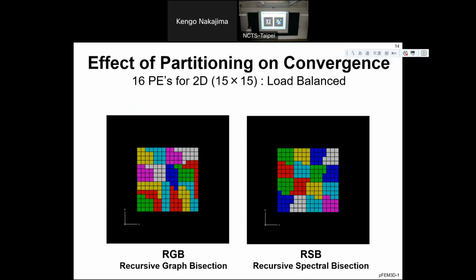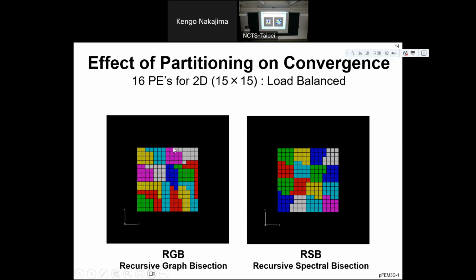Okay, so let's think about two types of domain partitioning for a 2D geometry. This is 15 by 15 squares, divided into 16 processes. You can see 16 small subdomains, and basically the load is balanced.